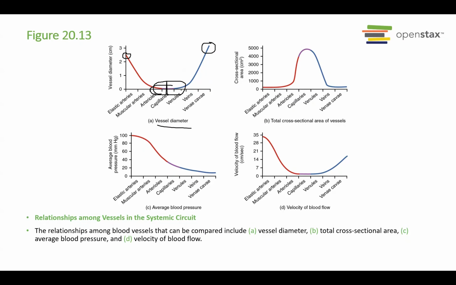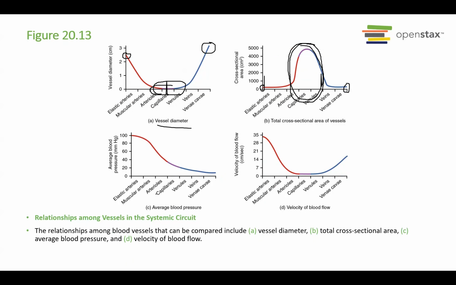However, because there are so many capillaries in our body, the total area of the capillaries is actually bigger compared to the aorta or the vena cava, because we only have one aorta and only two vena cava, compared to thousands of capillaries in our body. So based on the total area, the capillary is actually bigger.